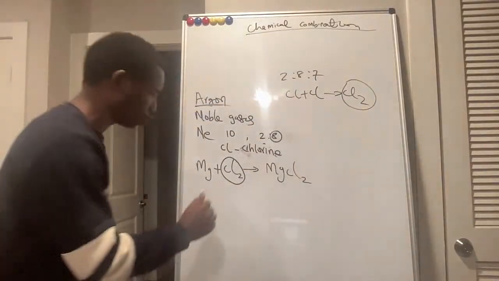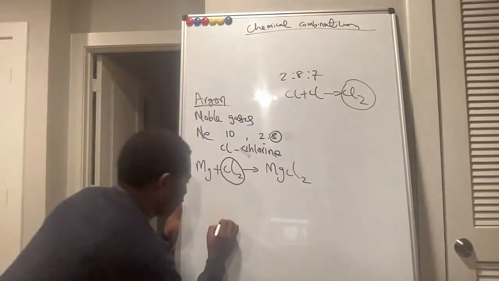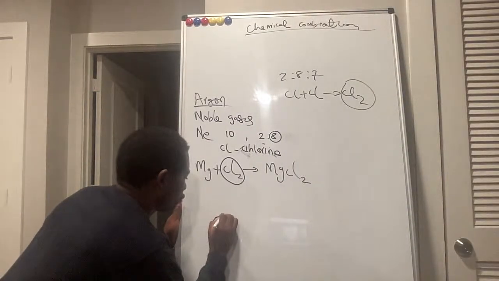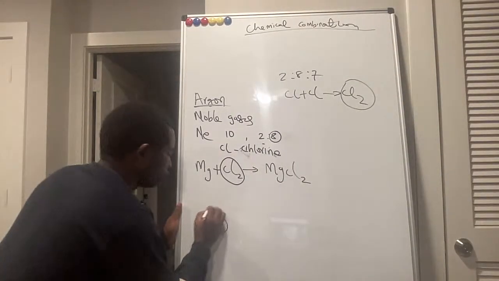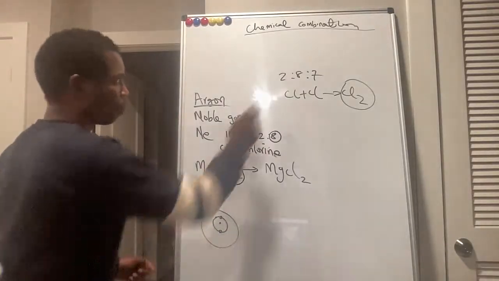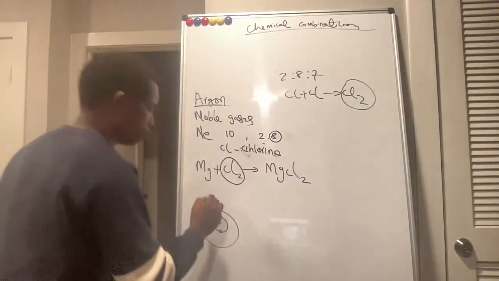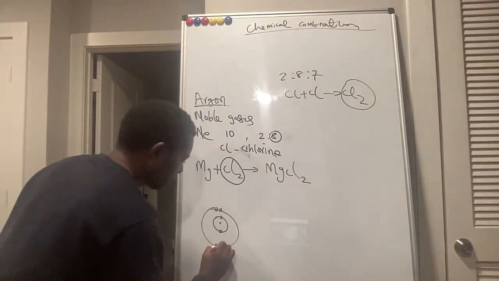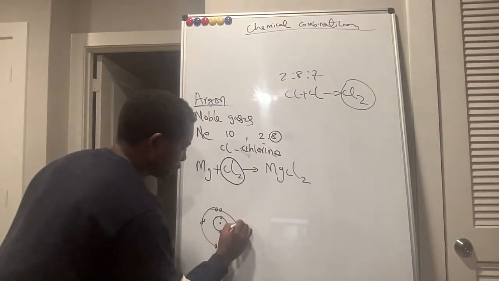Let's go and draw the structure. The first shell takes a maximum of 2. The second shell takes a maximum of what? Of 8. So 1, 2, 3, 4, 5, 6, 7, 8.